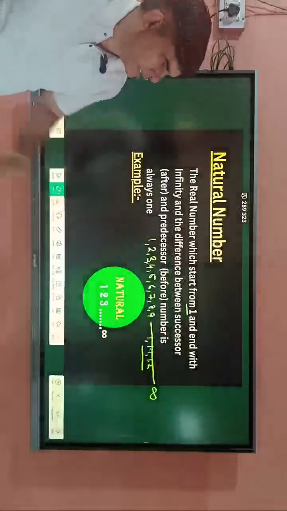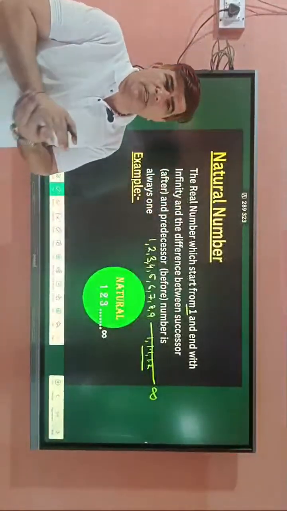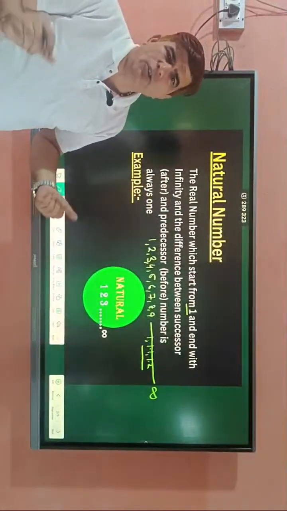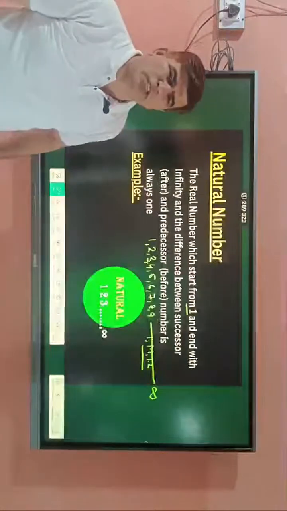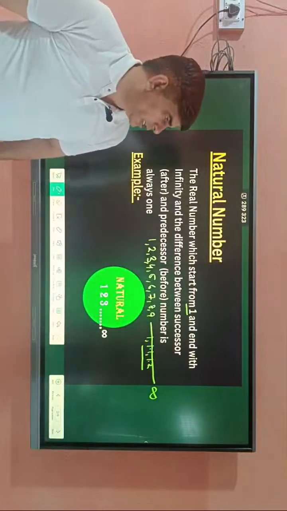But if we say only that the real numbers which start with 1 and go to infinity are natural numbers, this is an incomplete definition of natural numbers.